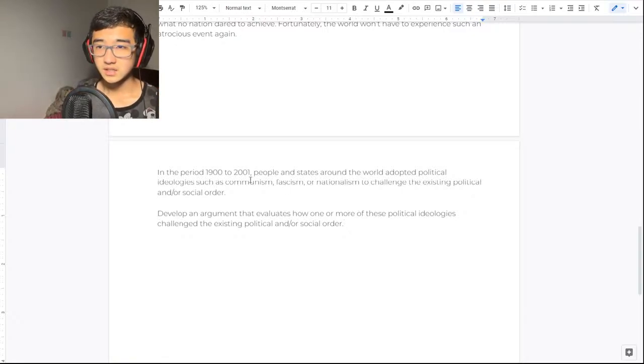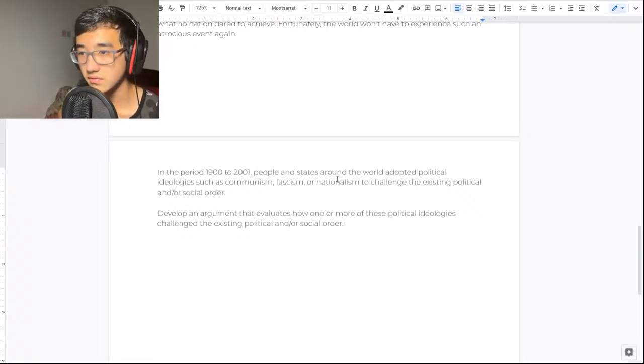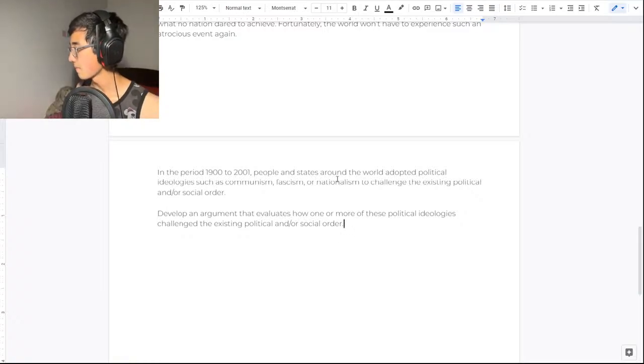Right. In the period 1900 to 2001, people in states around the world adopted political ideologies such as communism, fascism, or nationalism to challenge the existing political and or social order. Develop an argument that evaluates how one or more of these political ideologies challenge the existing political and or social order.